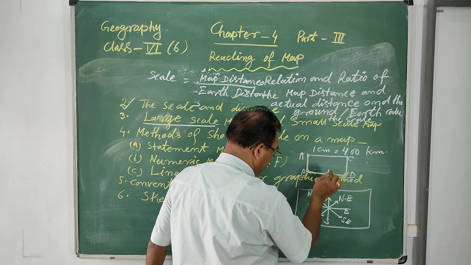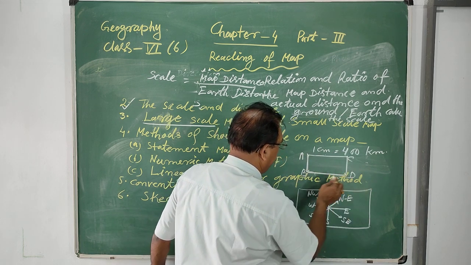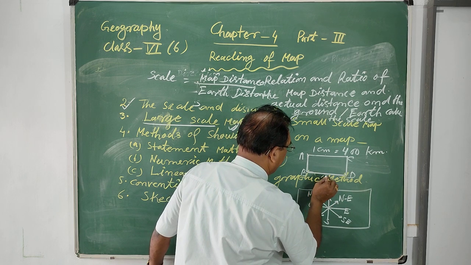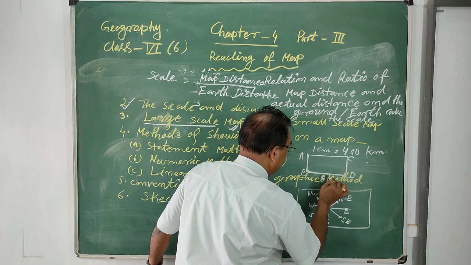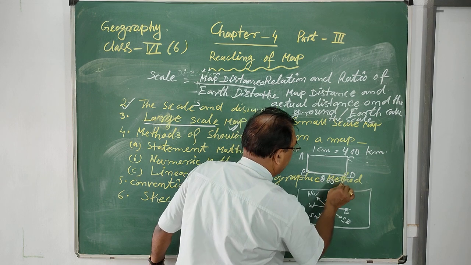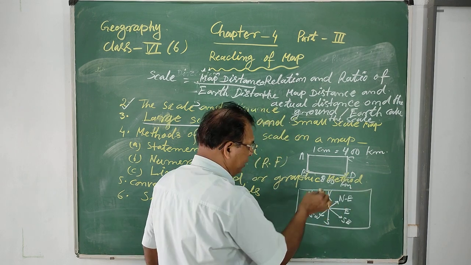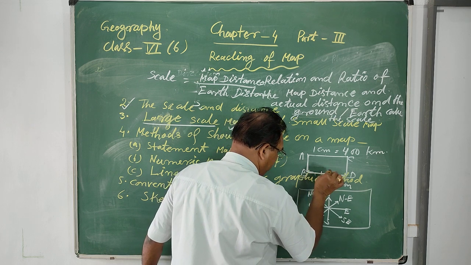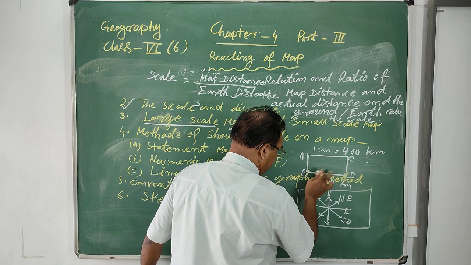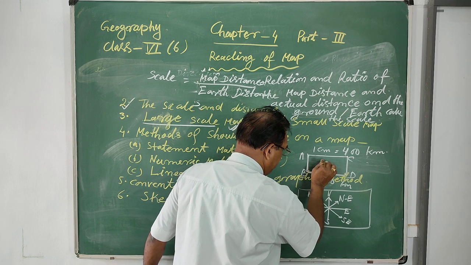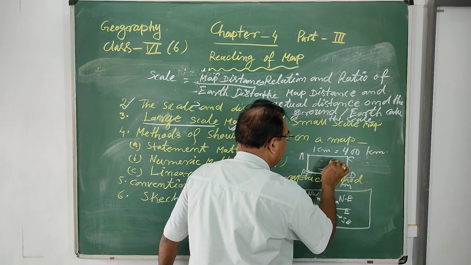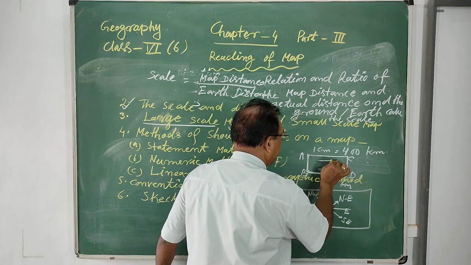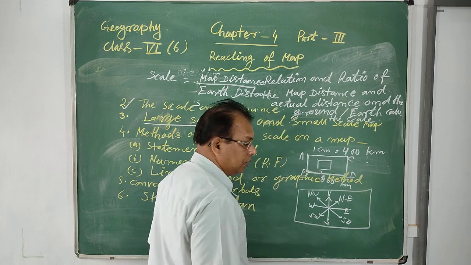That means suppose you have an 800 kilometer area. So you will show only 2 centimeter on the map, 2 centimeter length and 2 centimeter width.